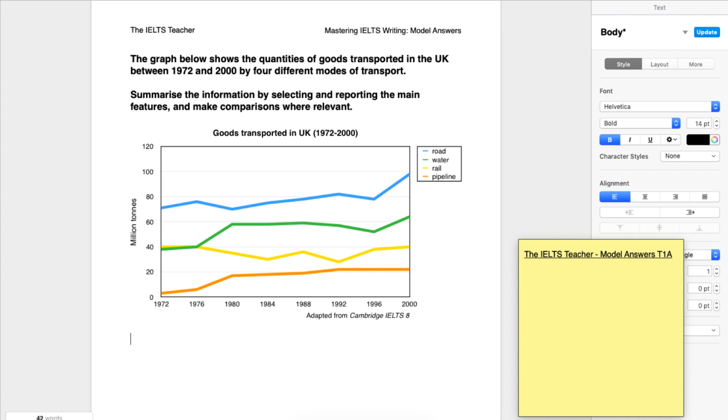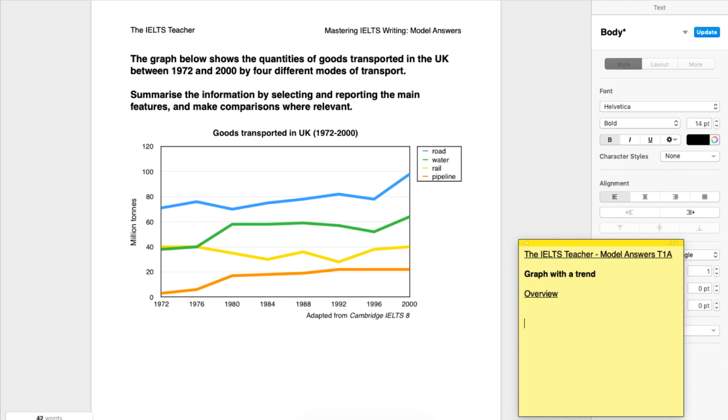So we have a graph with a trend here, and now that we have identified that, we need to write that down. We can just head up the plan with that language. And when it comes to planning the actual paragraphs themselves, we really only want to plan 3 of the paragraphs. Again, this is all talked about in the Task 1 theory course, but we just want to plan the overview, which typically will be the second paragraph.